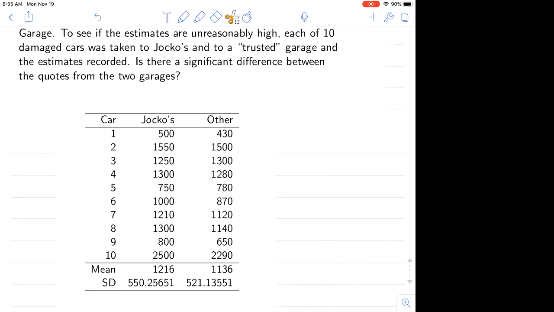And so when we calculate the differences in the quotes, what we're going to do is calculate the column of differences. And then that'll capture the change between each of these quotes. And that's why we don't want to just look at Jocko's estimates versus the other estimates, because they are actually linked. And we want to capture that change from Jocko's estimate to the other estimate.